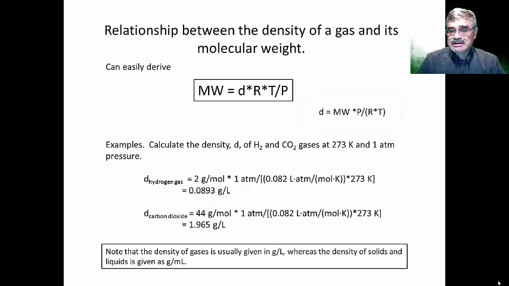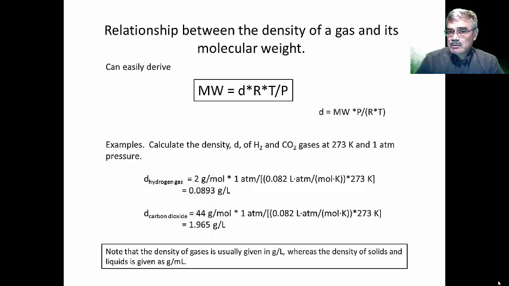Let's calculate the density of hydrogen gas and carbon dioxide gas at these standard conditions of 273 Kelvin and 1 atmosphere pressure. For hydrogen gas, a molecular weight of 2 grams per mole, 1 atmosphere pressure divided by the gas constant R, 0.082, times temperature, 273, we would calculate the density of hydrogen gas to be 0.0893 grams per liter.